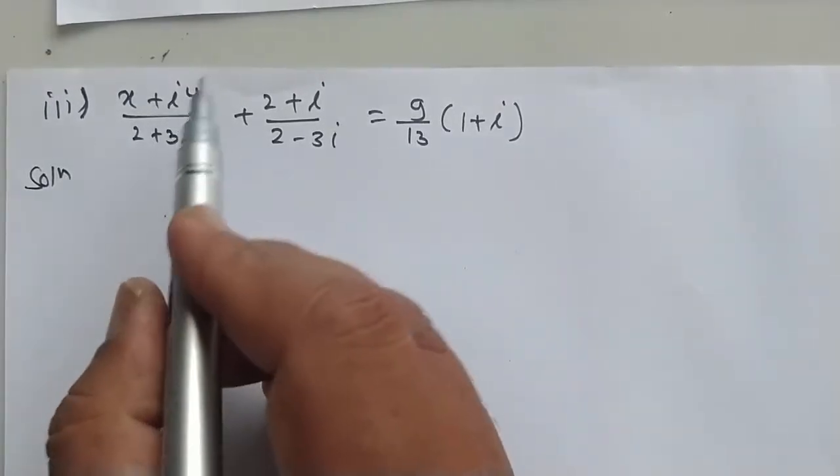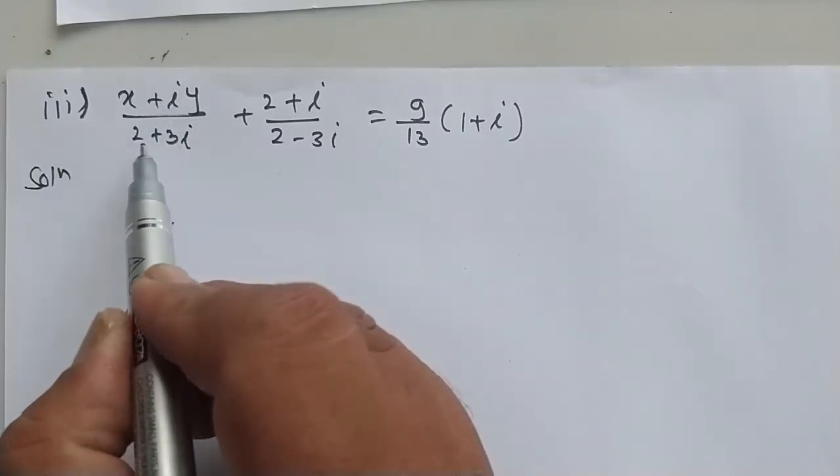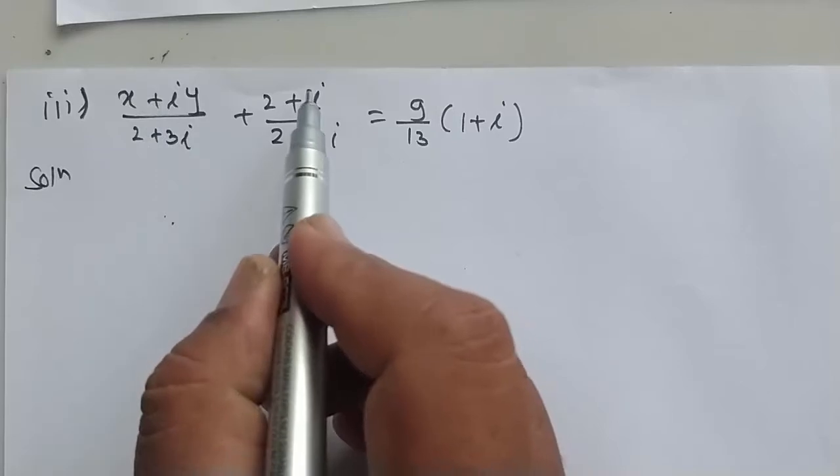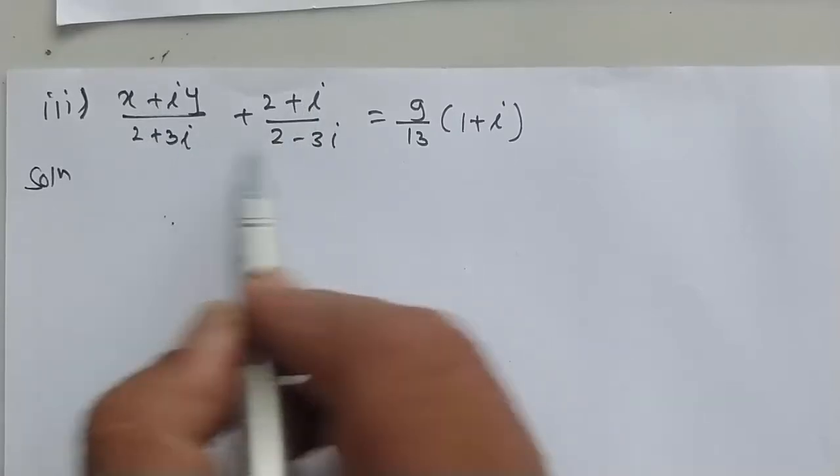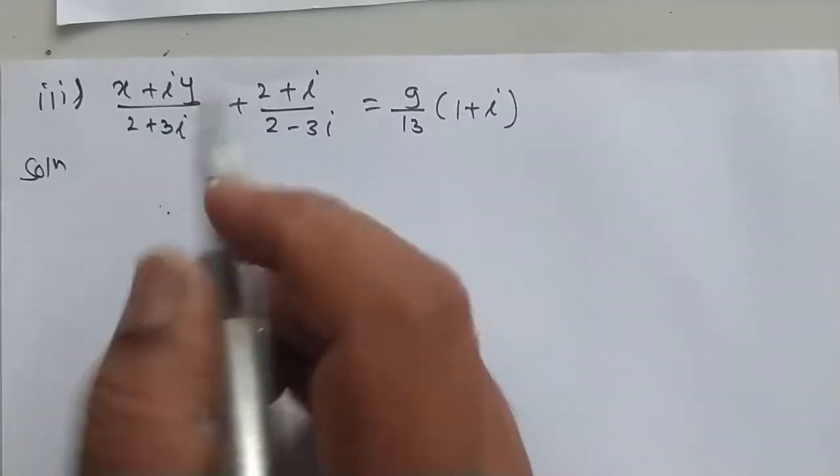Now, the denominator of the first term is 2 plus 3i and the denominator of the second term is 2 minus 3i. The LCM is the product of these two brackets.